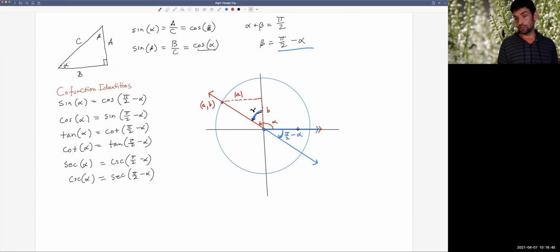Well, let's think about this little triangle that we get on this side. If I think about the red triangle right here, the side opposite gamma is this absolute value of A. That's going to be the same length as the side opposite.